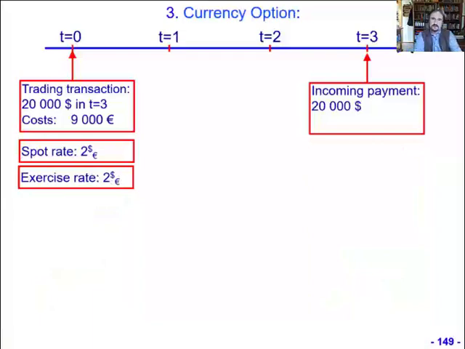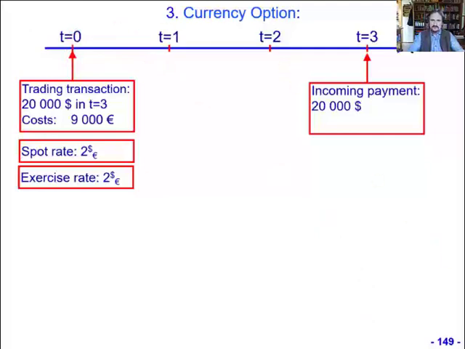Another possibility to eliminate the exchange rate risk completely is a currency option. A currency option allows the exchange of dollar to euro 3 months from now at an exchange rate fixed in advance, in the present.